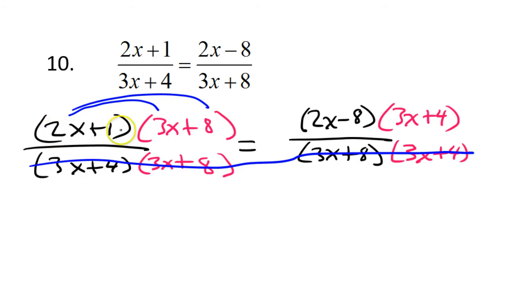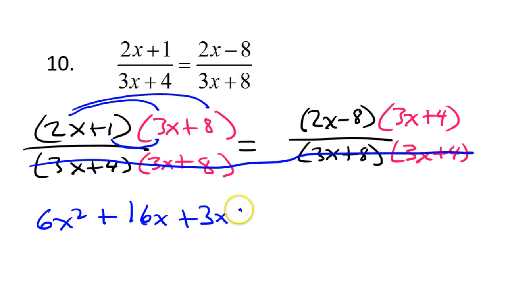So 2x times 3x is going to be 6x squared. 2x times 8 is 16x. And then I've got 1 times 3x is 3x. And 1 times 8 is 8.